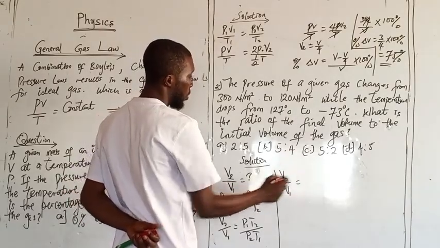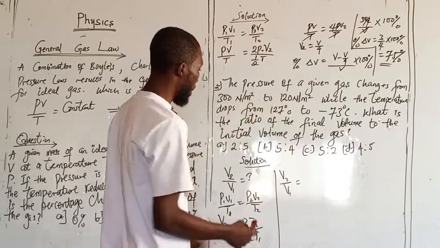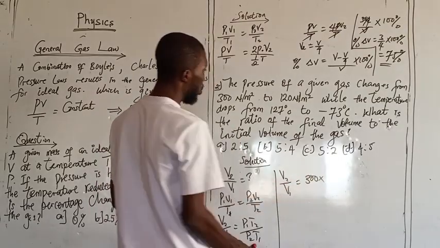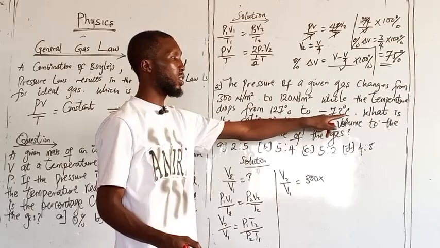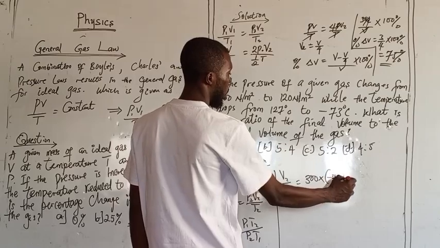So this is what I'll have. Now I'll start substituting. What's my P1? I'll check the question. The pressure changes from this to this, so my initial pressure is 300, multiplied by T2, my final temperature, which is minus 73 degrees Celsius.